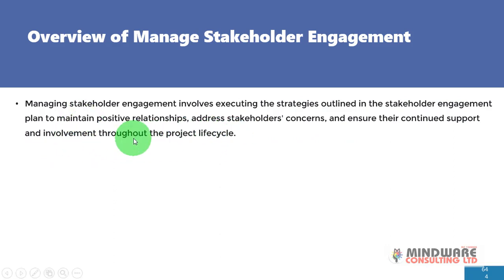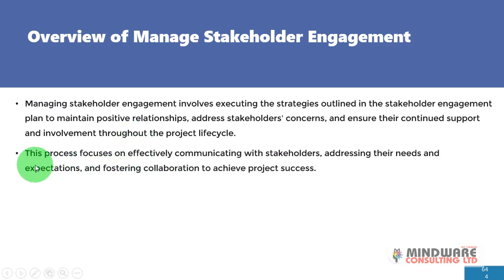All right, so this has to do with implementing what you already have in your stakeholder engagement plan. This process focuses on effectively communicating with stakeholders, addressing their needs and expectations, and fostering collaboration to achieve project success.